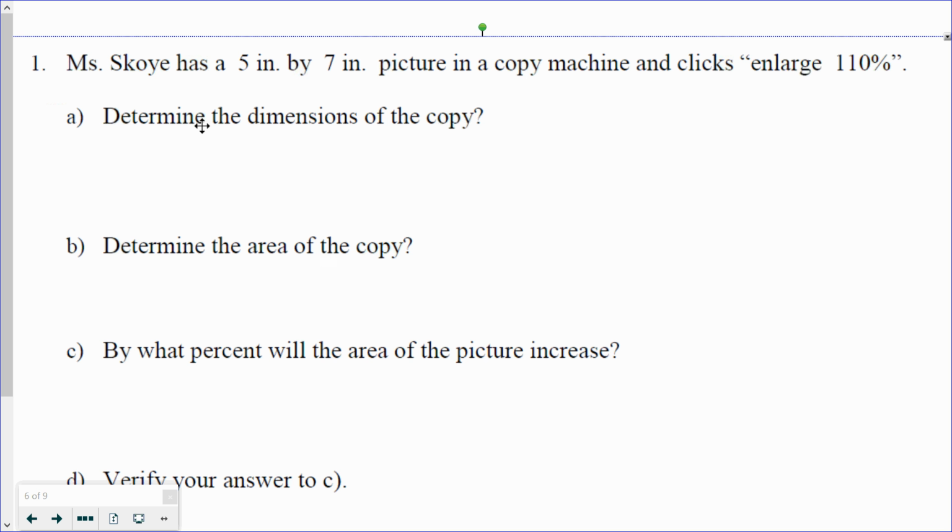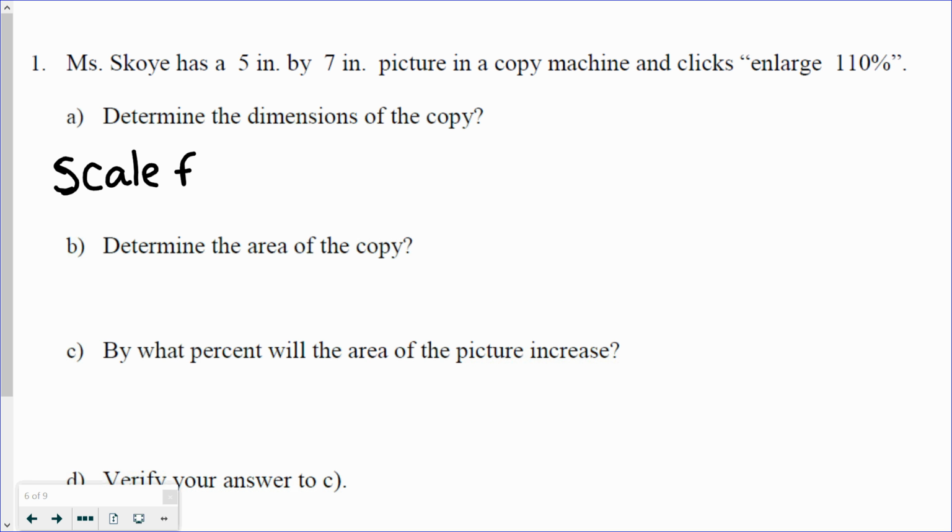It says Miss Goy has a 5-inch by 7-inch picture, and in a copy machine, she clicks enlarge 110%. What that actually means is it gives us our scale factor of 1.1.